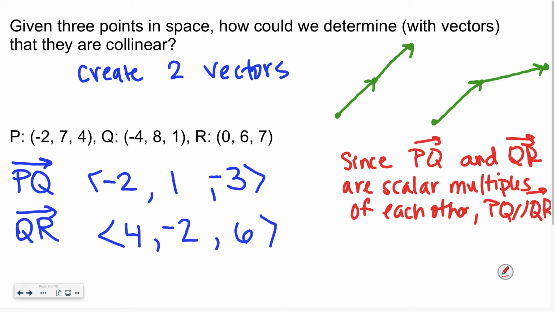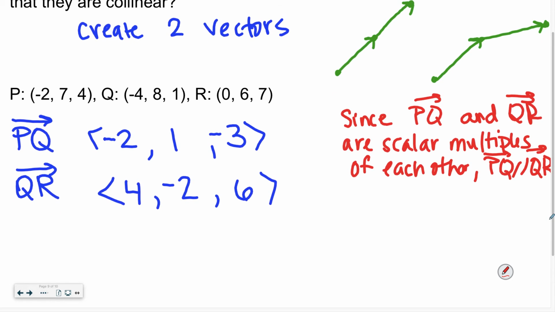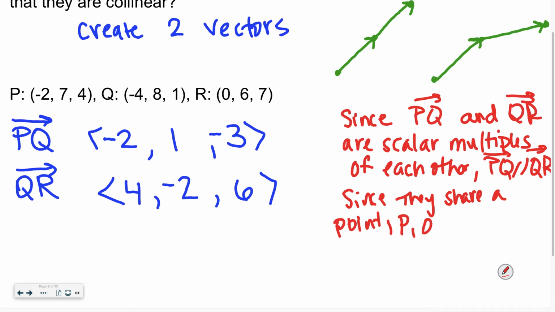You could say that also. Okay, and since they share a point, then P, Q, and R are collinear.